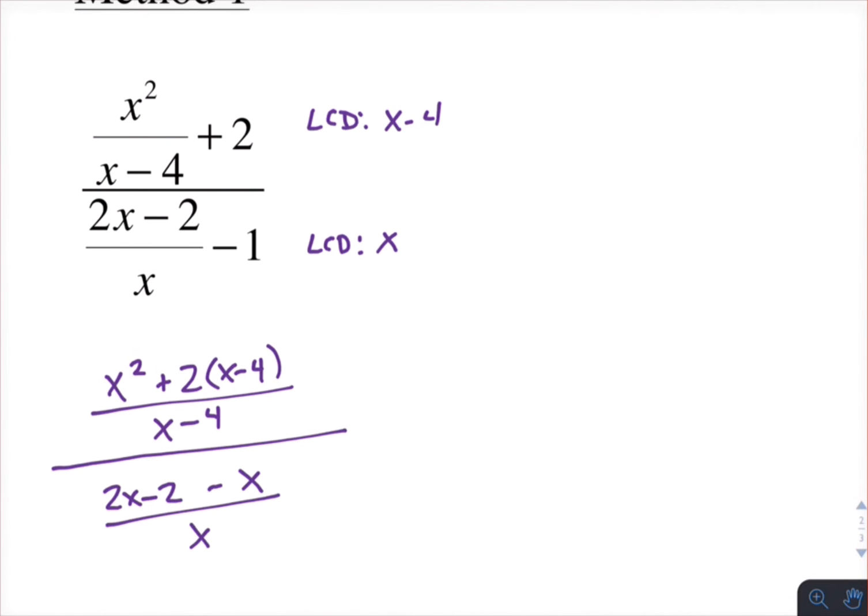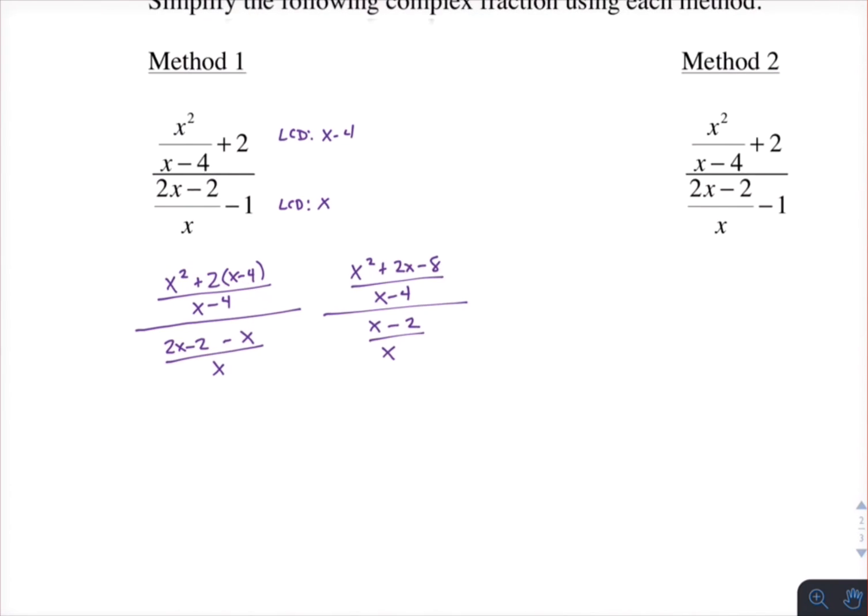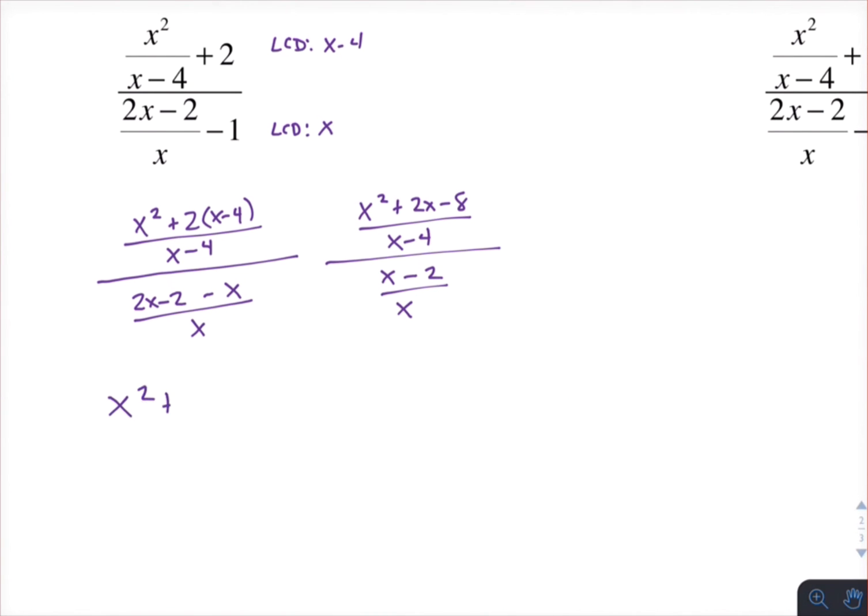So let's simplify. I got x squared plus 2x minus 8 over x minus 4, and the denominator, that's x minus 2 over x. So now we're going to flip and multiply. I'm going to rewrite x squared plus 2x minus 8 over x minus 4 times x over x minus 2.